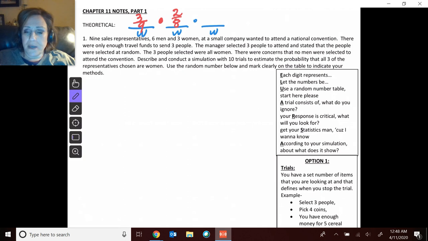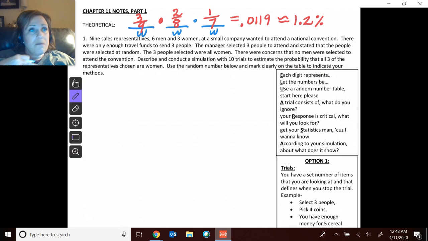And then the third one to be a woman, there's 1 left in there out of 7 people in the bag. So if I multiply that out, it's like 0.0119, something like that. So there's only about a 1.2% chance that if all samples of size 3 are equally likely to be chosen, I would have gotten all 3 of them being women.